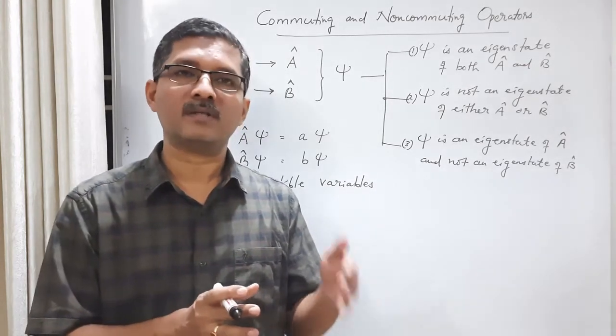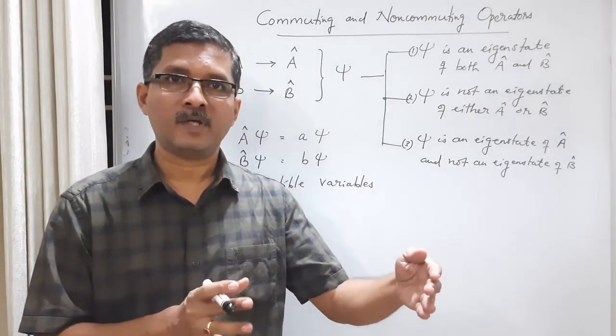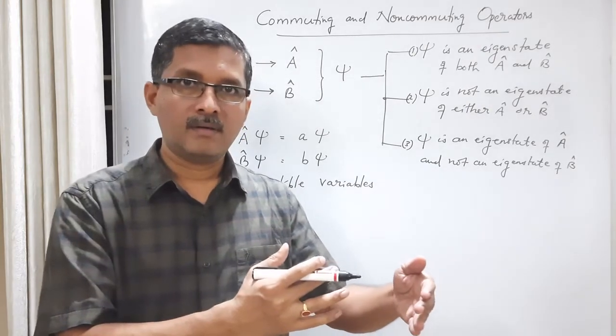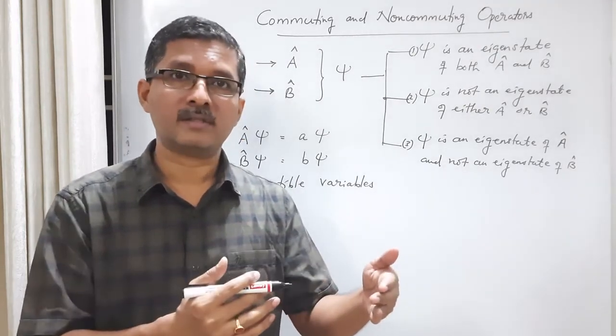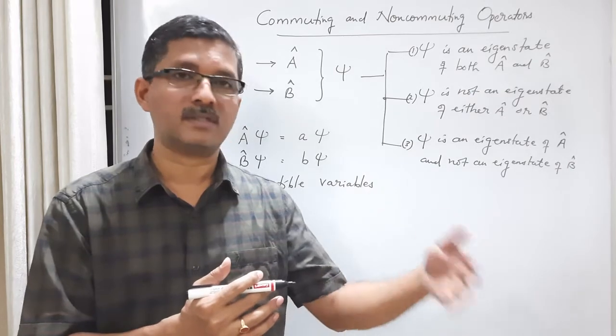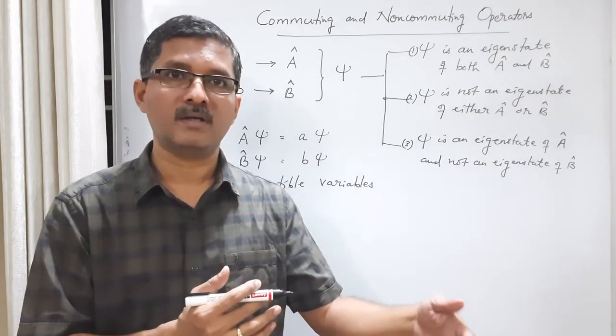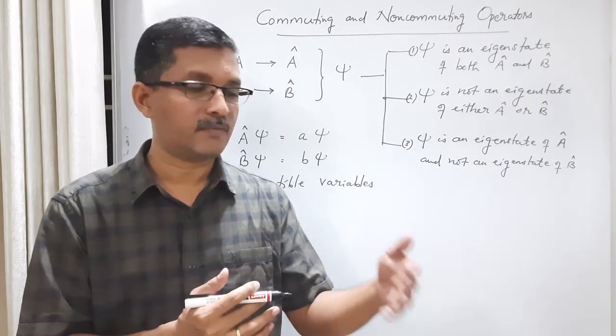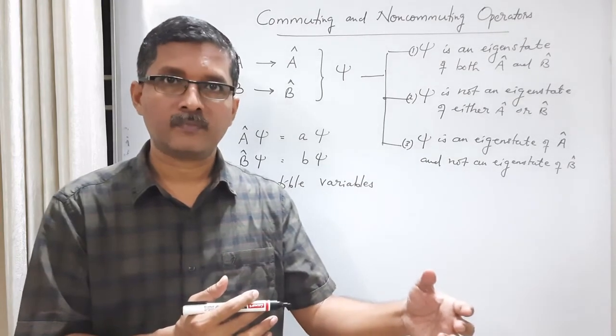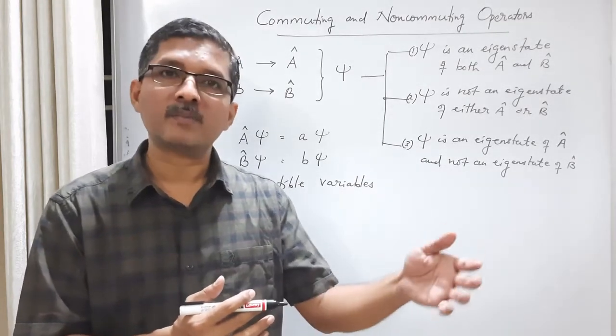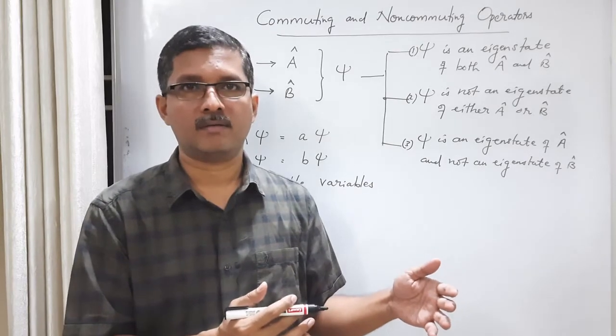After the measurement, the state remains psi. Now we measure B. Psi is also an eigenstate of the operator B, so what you get is the eigenvalue of the corresponding operator, small letter b. And immediately after the measurement, again the state remains psi.